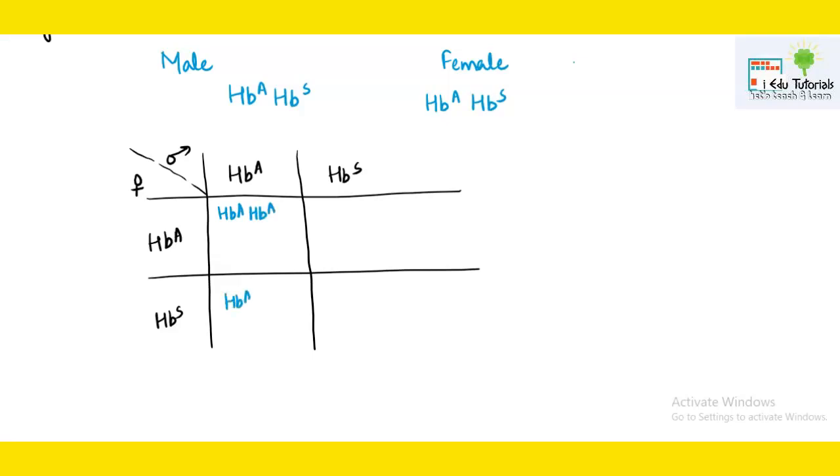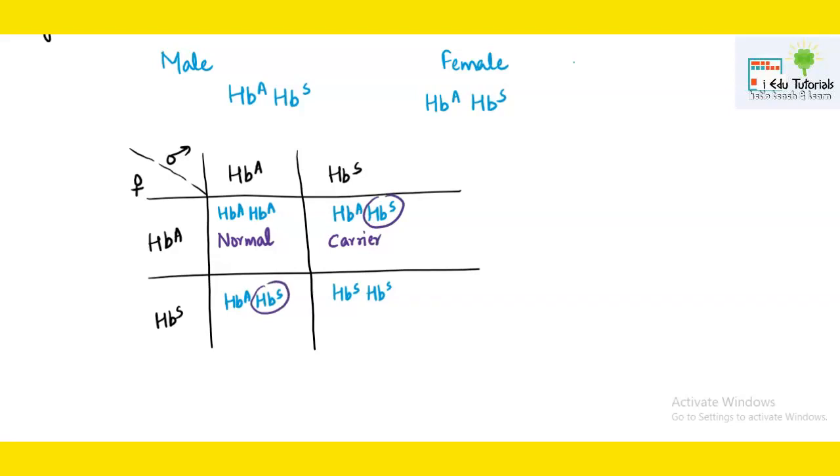It will give you HbA, HbS. Always write the dominant allele first as a rule of writing a genetic cross, and here it would be HbS, HbS. So here this individual is going to be normal because it contains both the normal alleles.